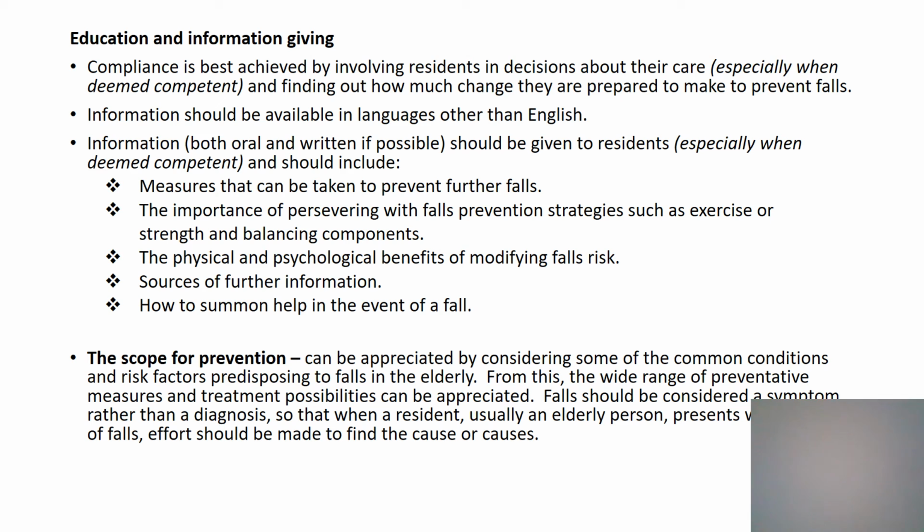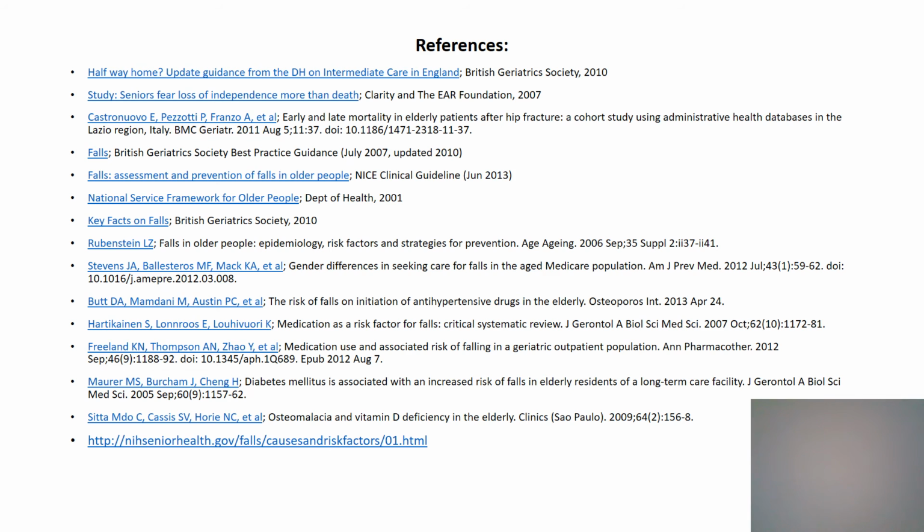The scope of prevention can be appreciated by considering some of the common conditions and risk factors predisposing the elderly to falls, and then making sure that we are doing everything possible to control these factors. And again, here are some references, some websites with different information about falls.